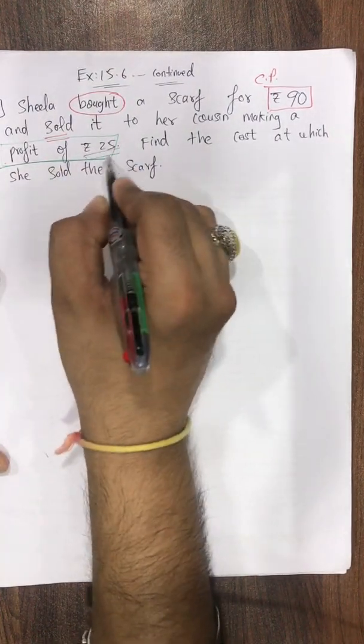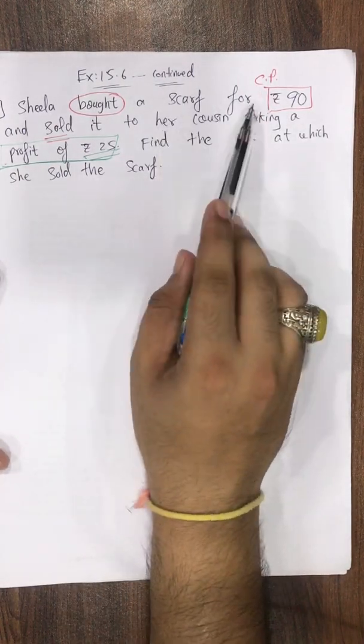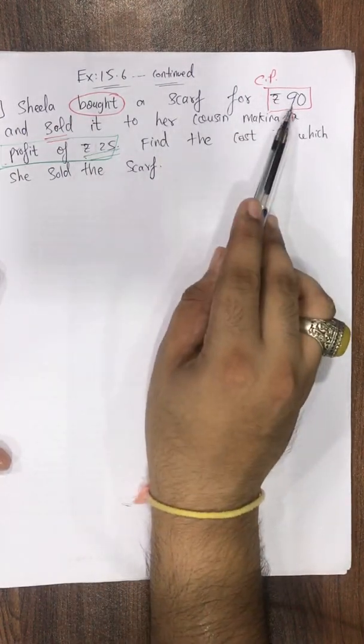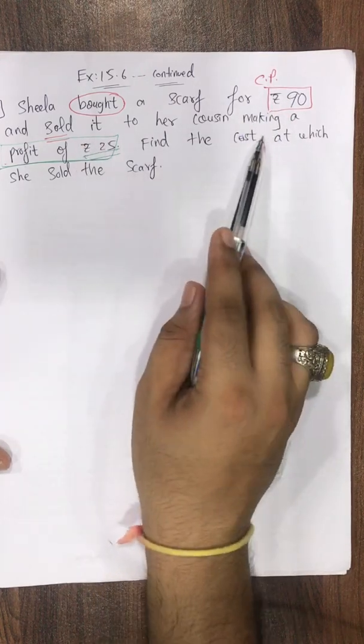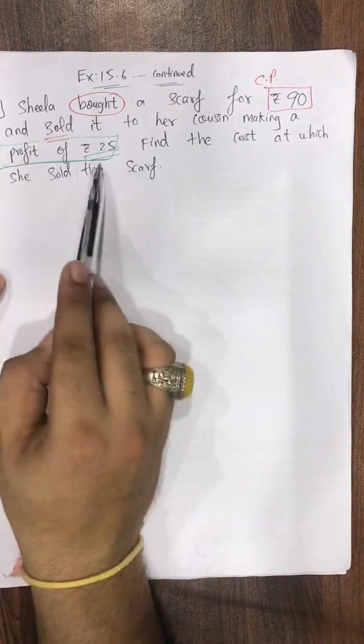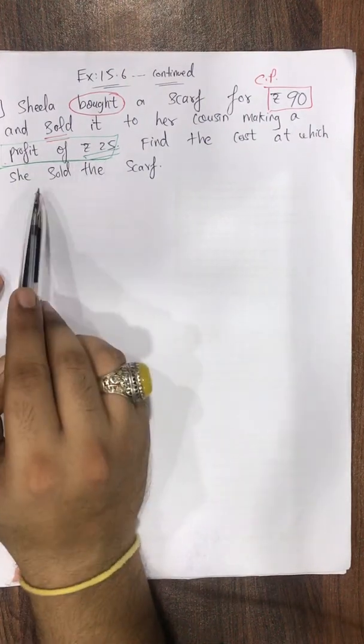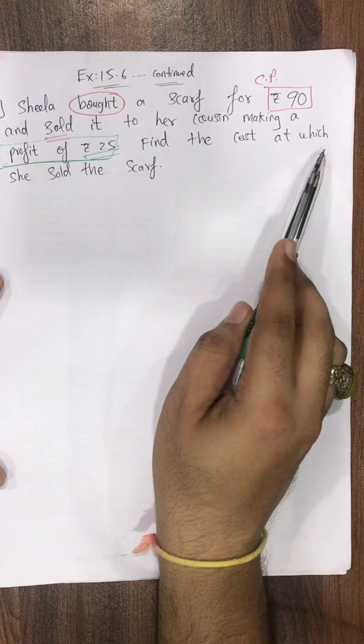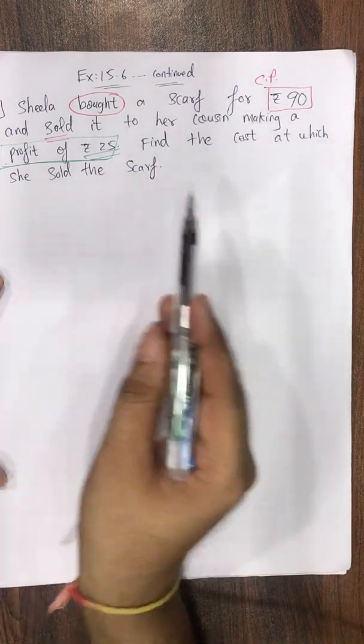So here the profit is given. She purchased the scarf at a cost price of rupees 90 and then sold it to her cousin, and after selling she got the profit of rupees 25. Find the cost at which she sold the scarf.